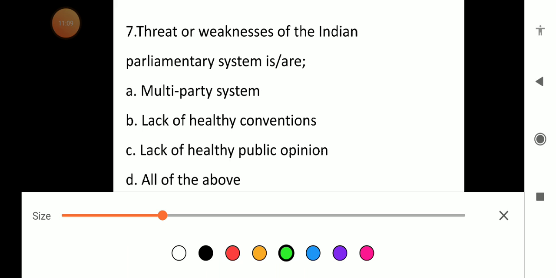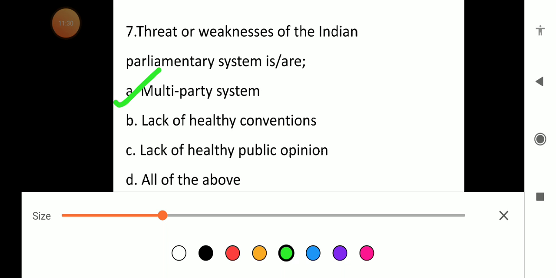But for the last 30 years, we have seen that coalition government has been working. We have so many regional parties, and around 8 national parties. So the multi-party system is a weakness of the Indian parliamentary system.